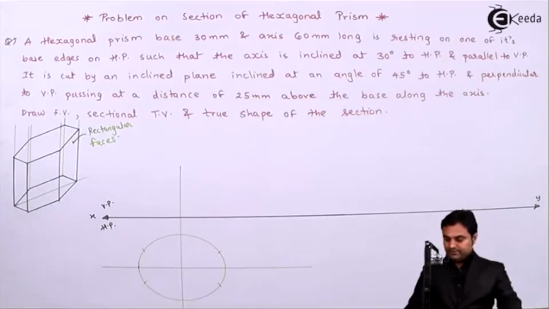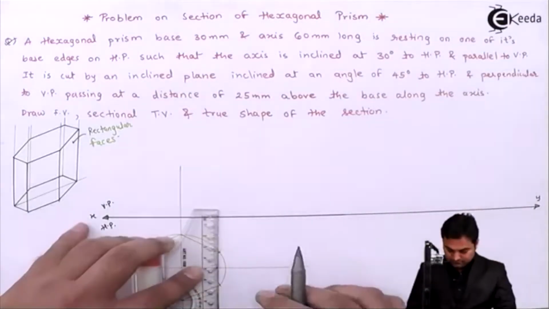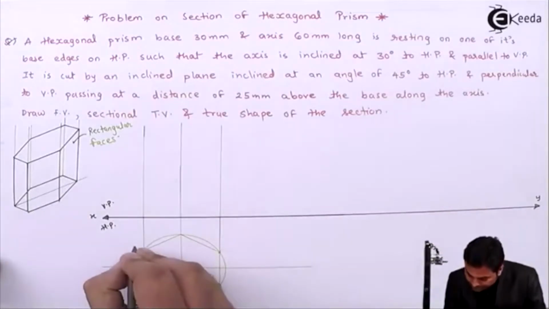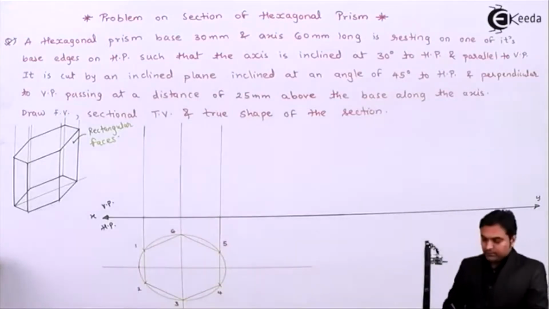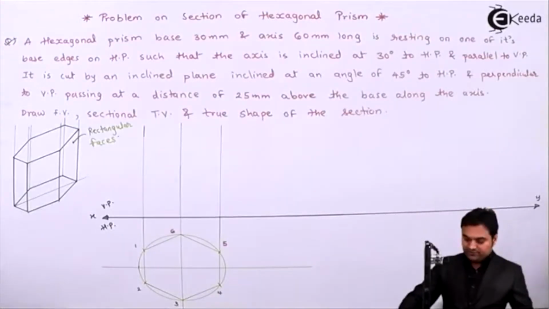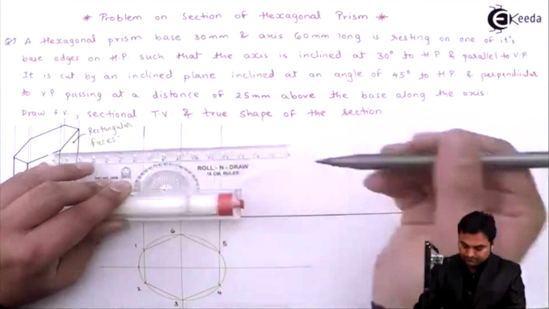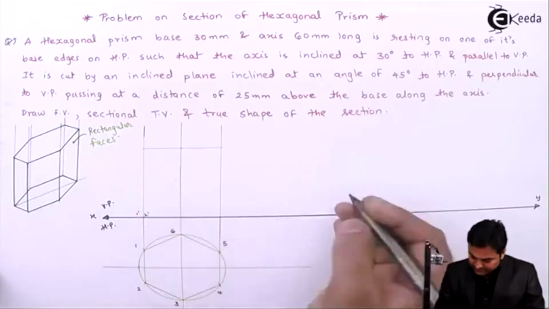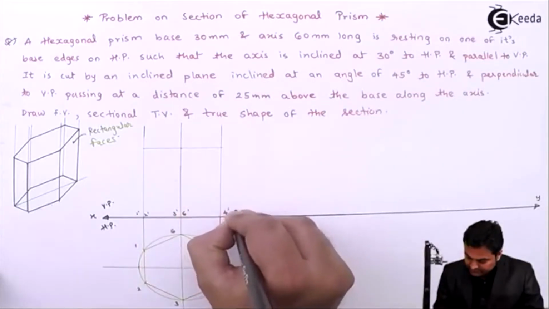Then connecting these points with the help of light lines. So giving it the notations. Next, the height is 60 mm of this prism. In the front view, this will be 1 dash, 2 dash, 3 dash, 6 dash and 4 dash, 5 dash.